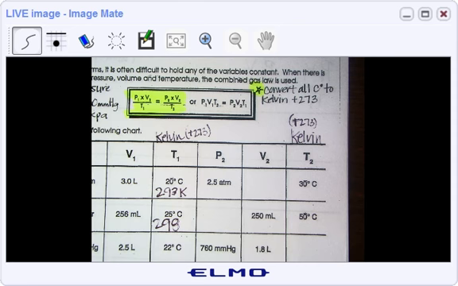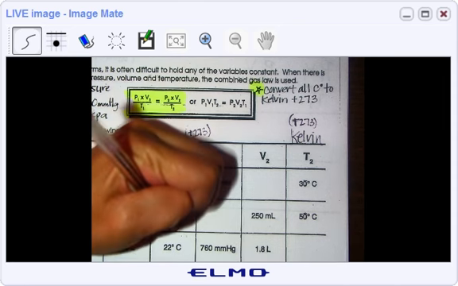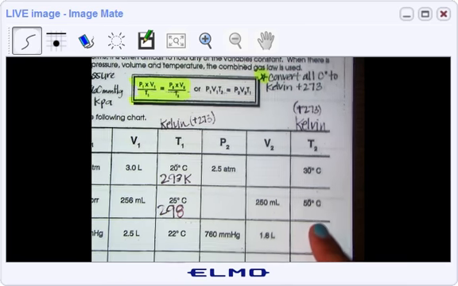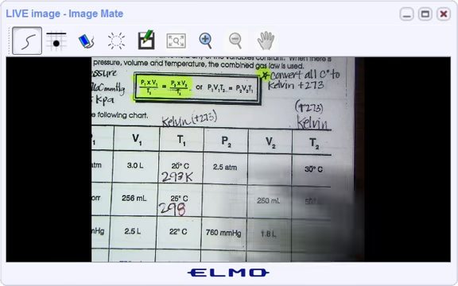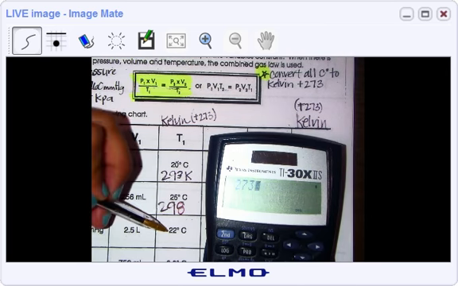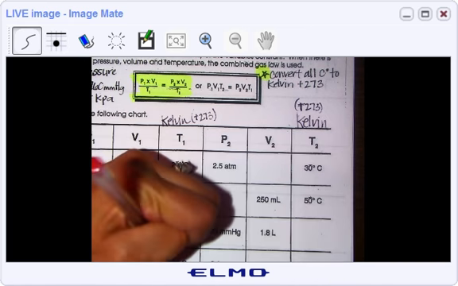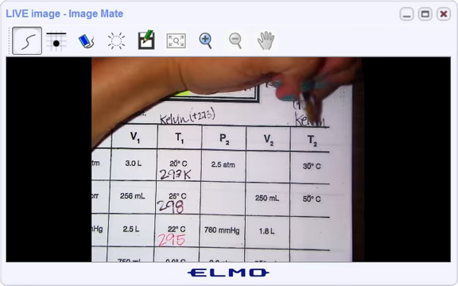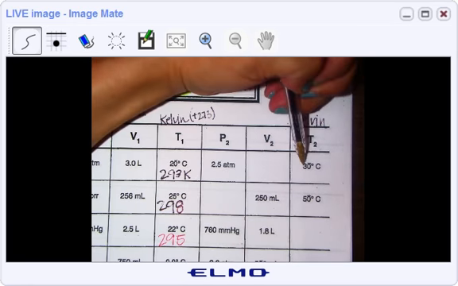Again, if you cannot read my handwriting, all I am doing is adding 273 to the number given. So when you type in your calculator, 273 plus 22, 295. I'm going to start this column over here.